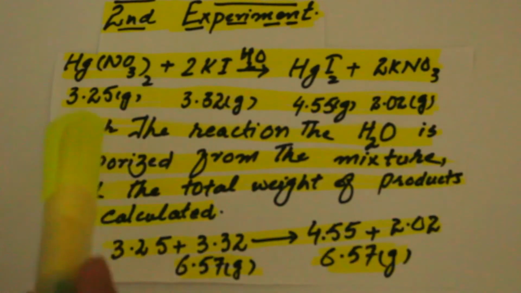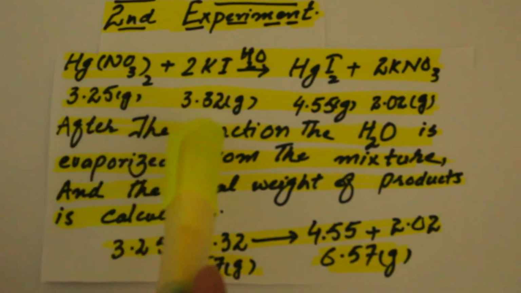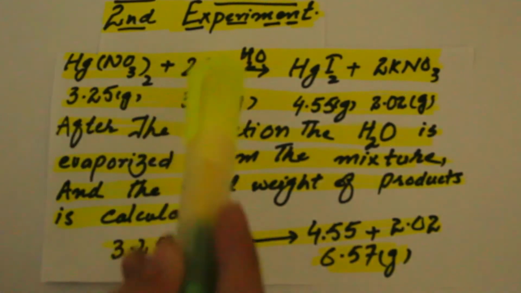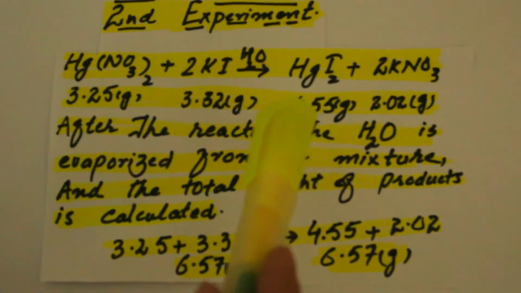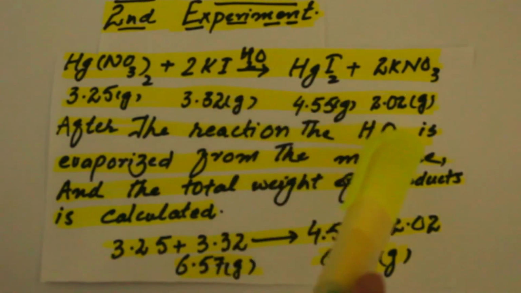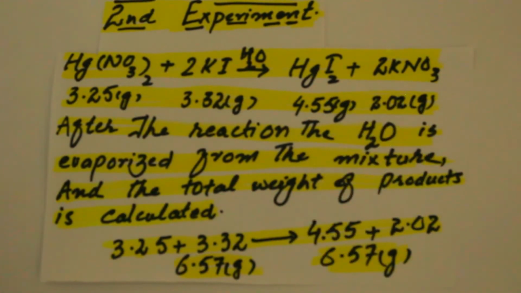We react 3.25 grams of mercuric nitrate with 3.32 grams of potassium iodide. We get 4.55 grams of mercuric iodide and 2.02 grams of potassium nitrate. Now, to verify this law, we have to add the masses of the reactants and compare it with the masses of the products.